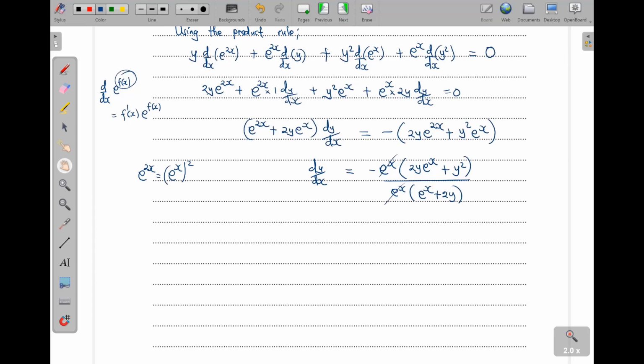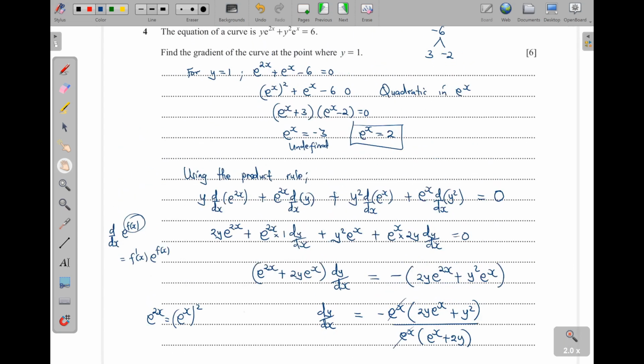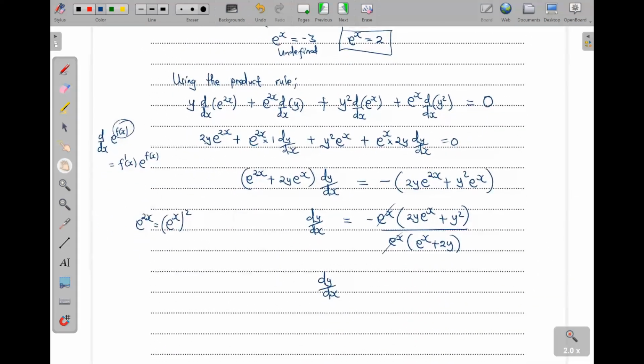Now from there, remember we have our y, which is equal to 1. Was it 1? Yes, y is equal to 1. And then we got our e power x, which we got as 2 here. Okay, now we can substitute.